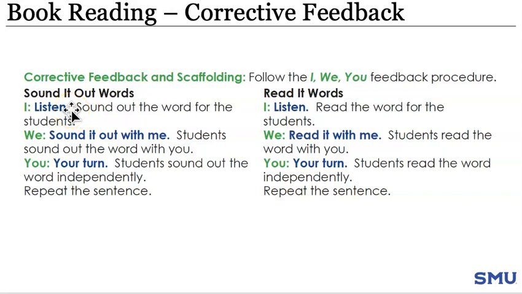But if they're not able to do that, then you want to sound it out for the student, have them sound it out with you, and then have them sound it out by themselves. And then you notice that last part is to repeat the sentence. And very similarly, if it's an irregular word, they don't recognize it, then you want to tell them what the word is, have them say that word with you, and then they say it by themselves and repeat the sentence.